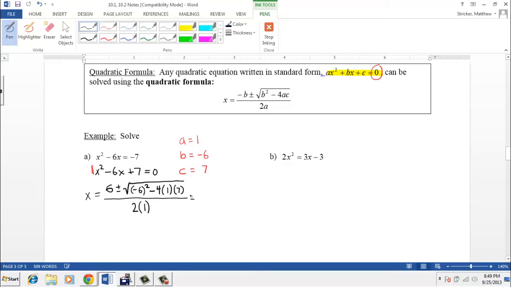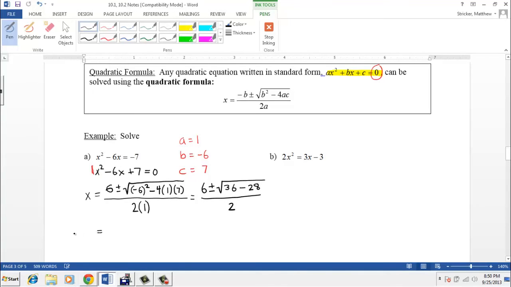And so then we go about simplifying. You can see why we talked in chapter 9 about simplifying square roots, because here we have the square root as part of this formula. So we have 6 plus or minus square root of 36 minus 28, 4 times 7 is 28, over 2.